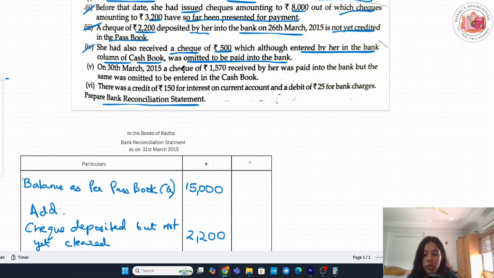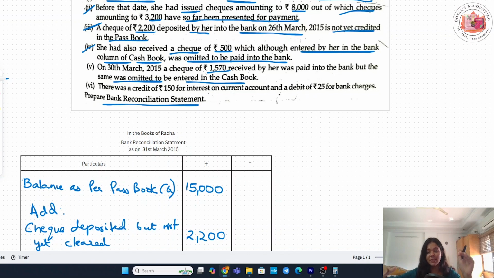On 30th March 2015, a check of rupees 1570 received by her was paid into the bank, but the same was omitted to be entered in the cash book. So this is the reverse of the previous one. She has received a check and she deposited it in the bank, and that got credited as well, but that was not recorded in her cash book. So her passbook balance is more than her cash book balance.